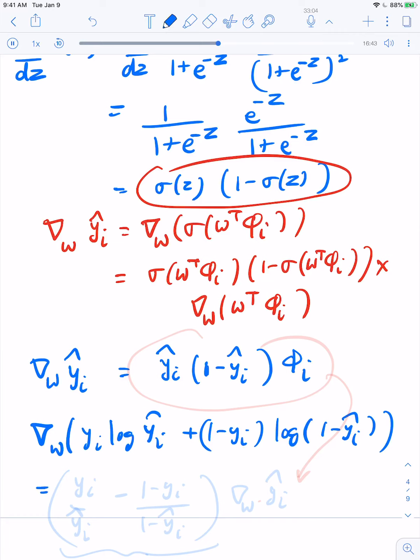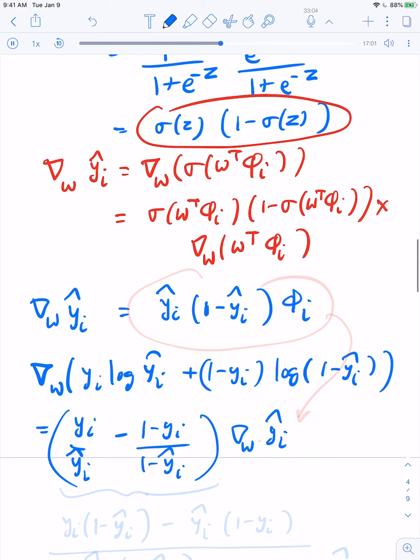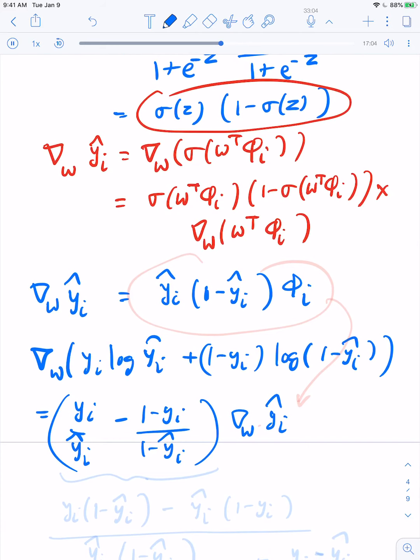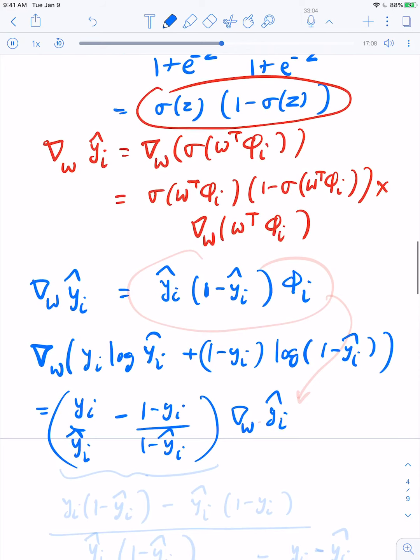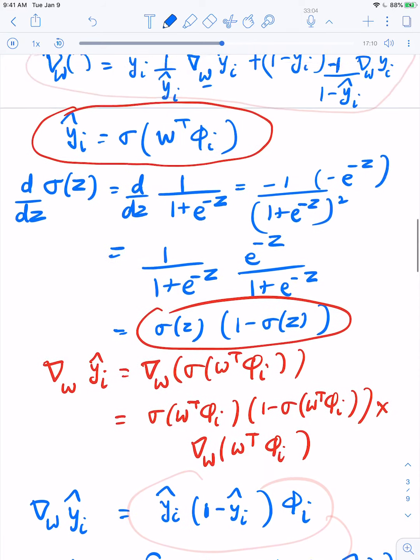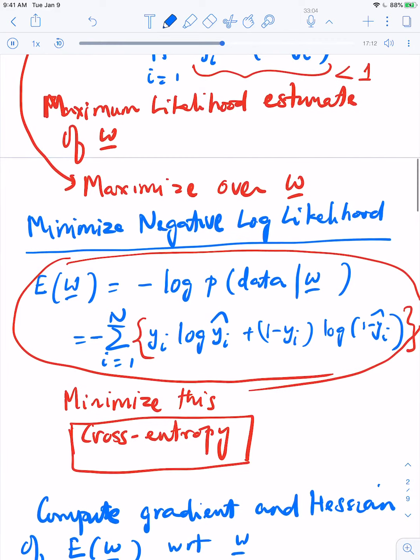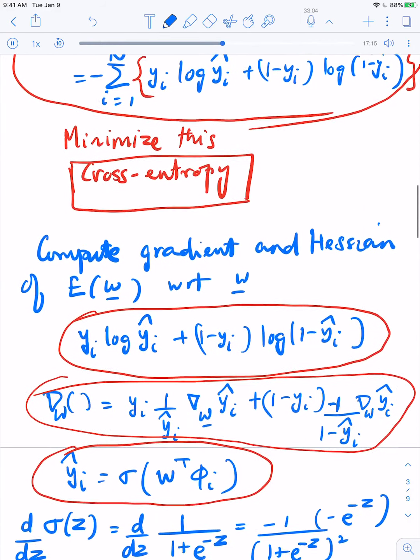It was Yi over Yi hat minus 1 minus Yi over 1 minus Yi hat. I had that times del W of Yi hat. Let's go back and check that that's actually true. Yes, that's exactly what we had here. Let me change pen color to highlight it. It's this guy, right? That's what I had.